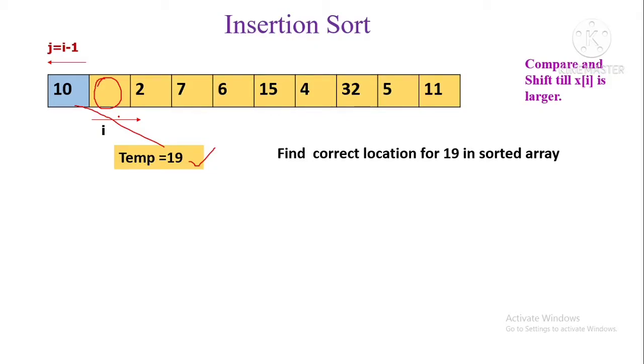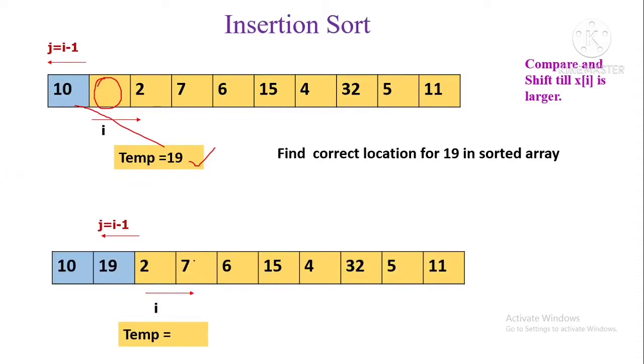I don't need to make any changes, so I simply place it. Now in my sorted array I have two elements, 10 and 19. The remaining elements are unsorted.